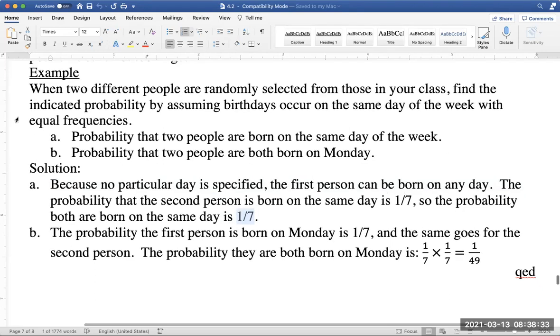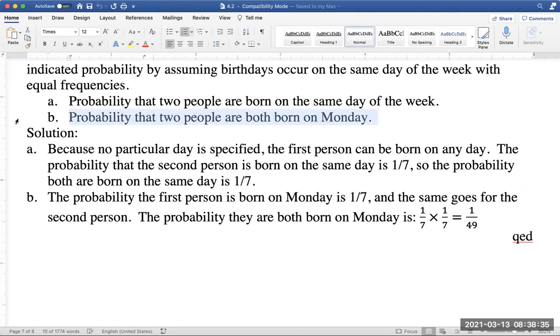Now let's do the probability that 2 people were both born on Monday. And of course, I'm assuming independence. The fact that someone in class was born on a particular day does not affect the fact that someone else was born on a particular day.